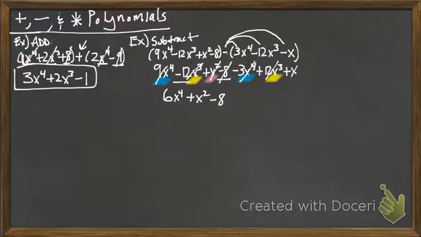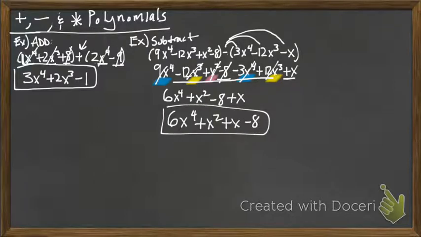Now as I look across, I never took care of that positive x. There's nothing to add that positive x to. So I'm done except I don't like the way I have that written. I don't have it in standard form. Let's write it from highest to lowest exponent, where the constant term is at the end. That would probably be the best way to write that.